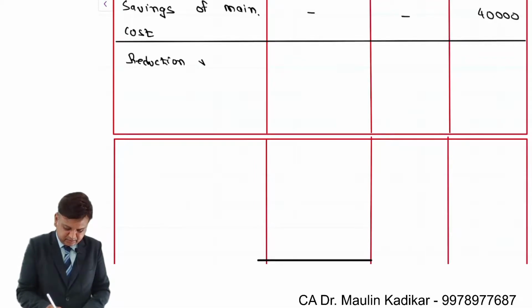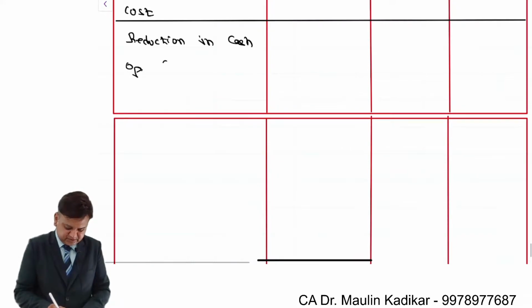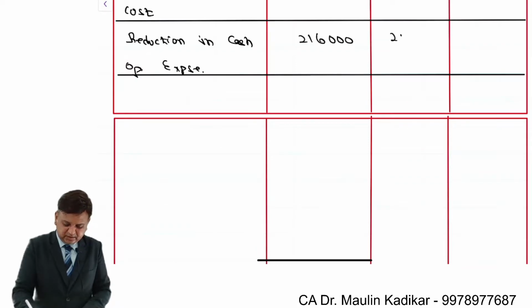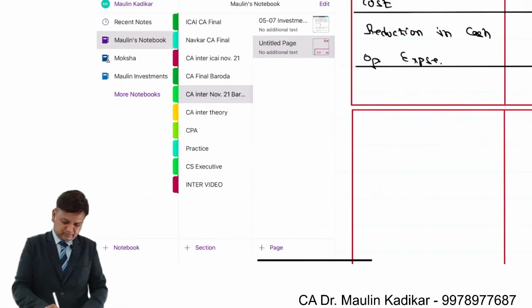That is an amount of 2,16,000. It will be every year for 7 years.